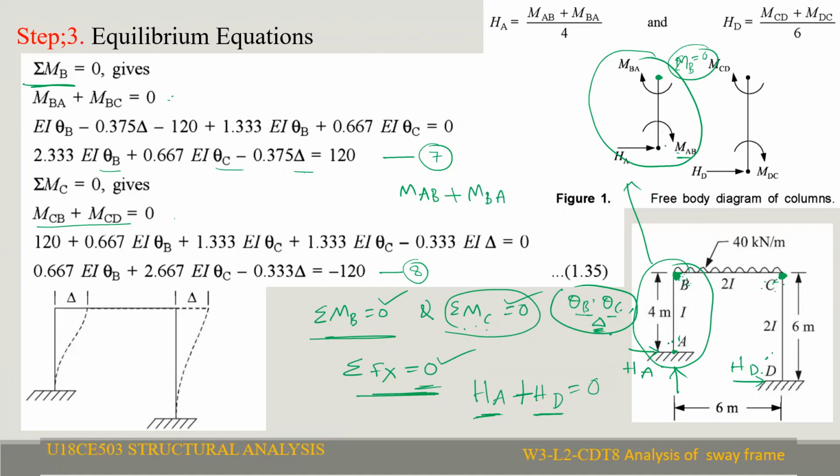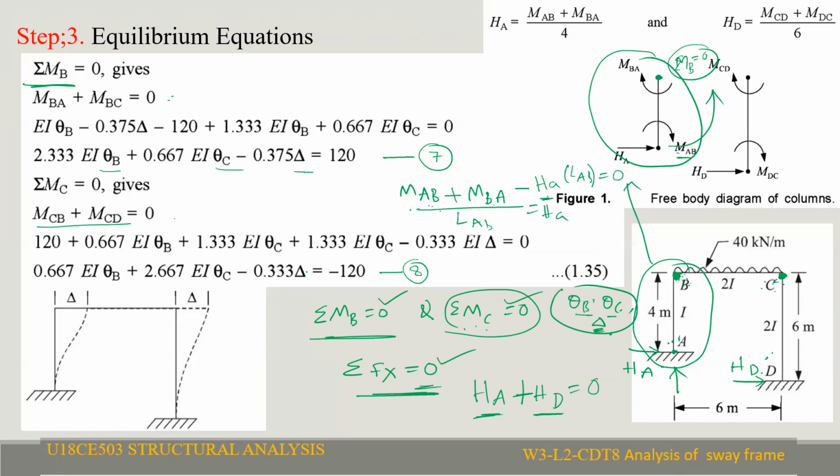HA is producing an anti-clockwise effect, so that is minus HA into the length LAB, equal to 0. That means HA will be equal to MAB plus MBA by L.